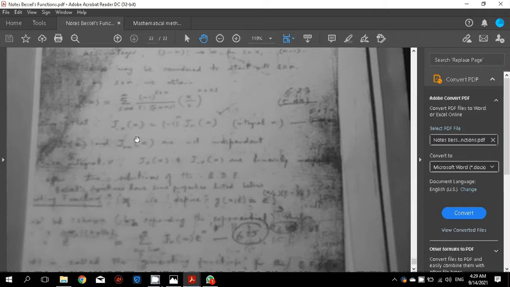You know that Bessel's differential equation has two solutions, one with n equal to plus n and the other with n equal to minus n, and this is the second solution: J_{-n}(x) is equal to (-1)^n times J_n(x).